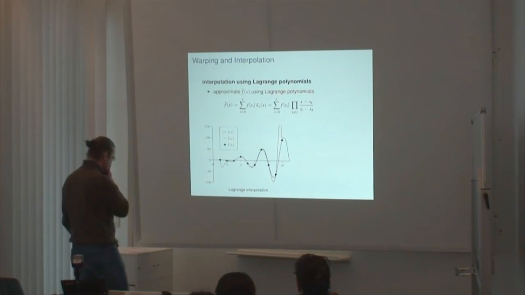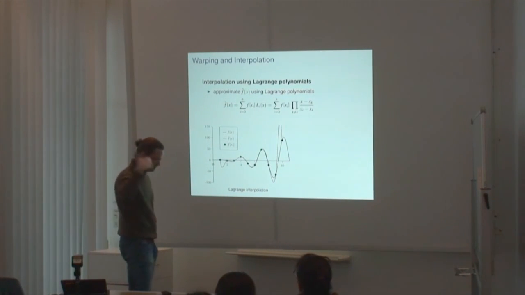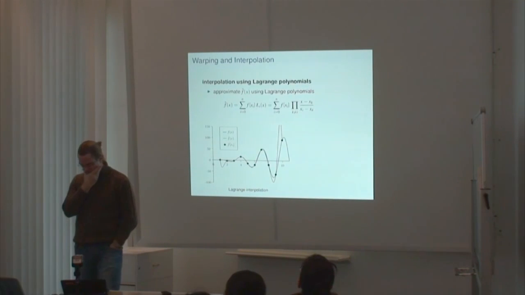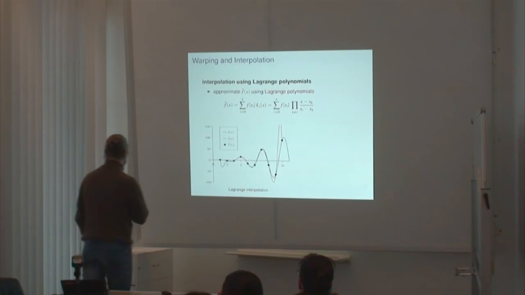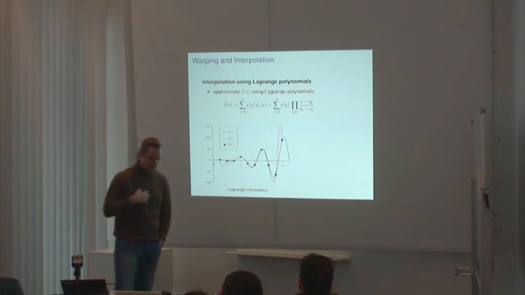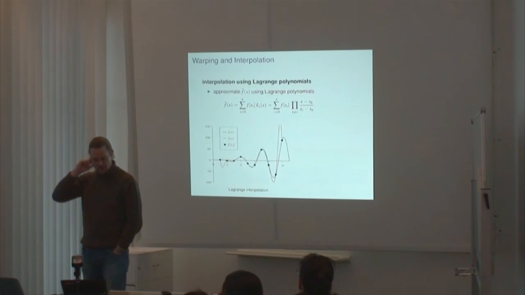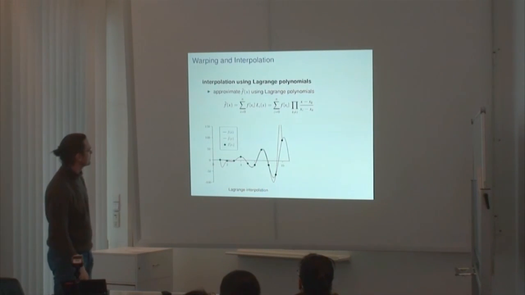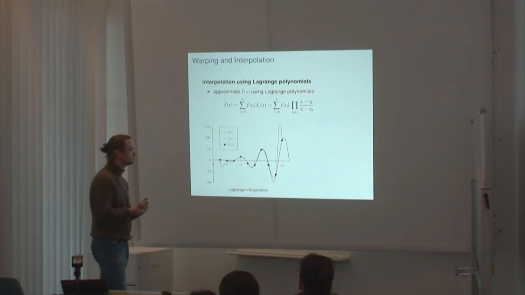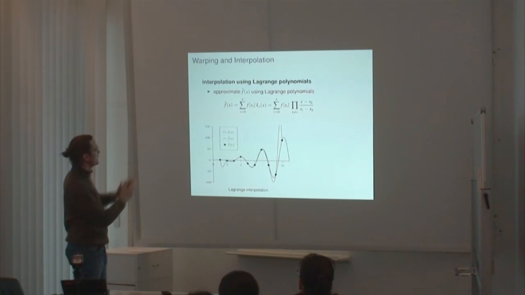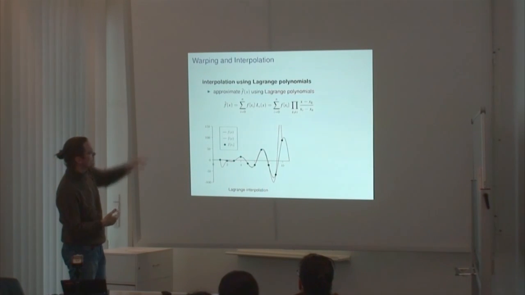So then the next logical step would be to say, instead of using just lines, we could probably try to come up with higher order polynomials, right? Linear functions are polynomials of degree 1. What if we were to increase the degree of a polynomial that we would fit into the set of points? And we talked ever so briefly about Lagrange polynomials.